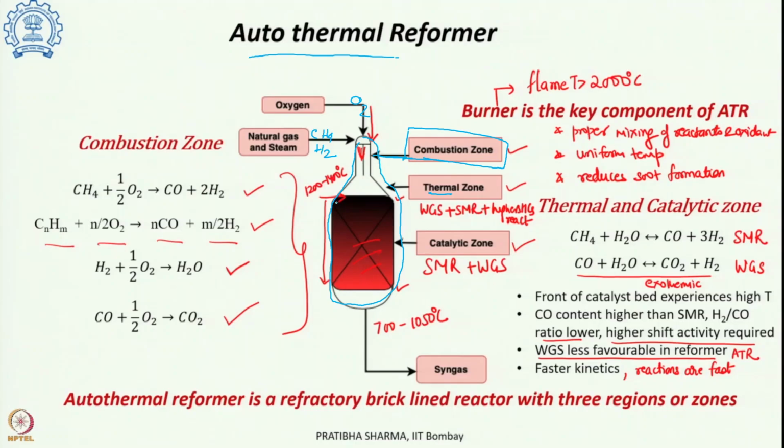Here the temperature varies: the upper part is 1200 to 1400 degrees centigrade, and the lower part is up to 700 degrees centigrade. In the upper part, the higher temperature means partial oxidation will occur. Then in the catalytic zone, with the help of the catalyst, hydrogen gas will also form.